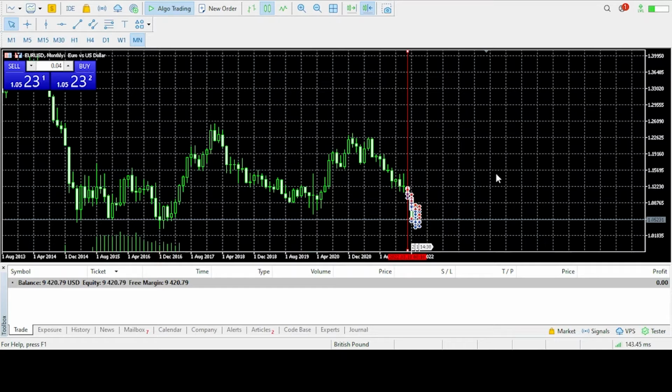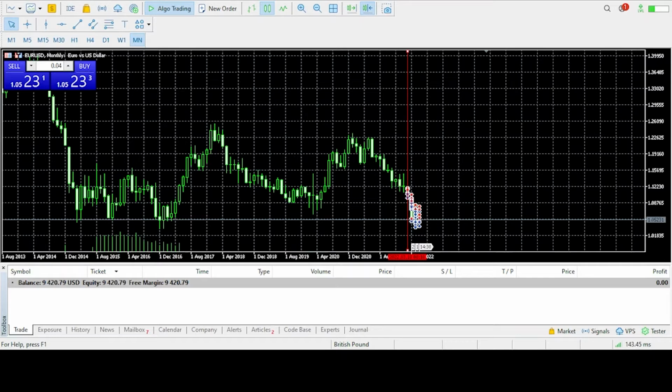Accordingly, you can take calls, minimize your loss, and make better decisions. That's how it's going to help you. Hence, it is always important to check different time frames before taking any kind of calls.